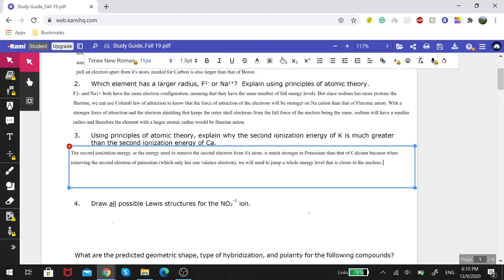When an energy level becomes closer to the nucleus, the necessary energy will increase significantly.